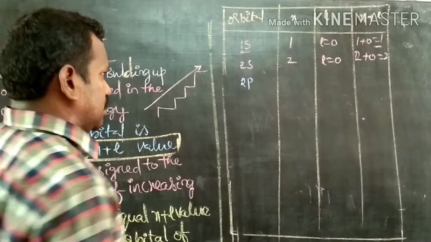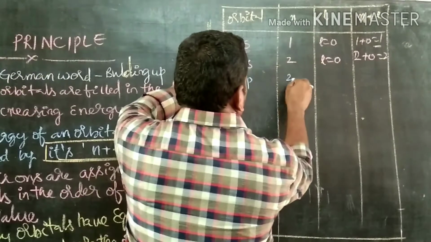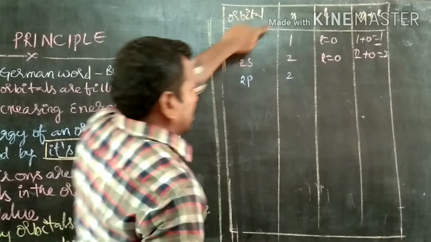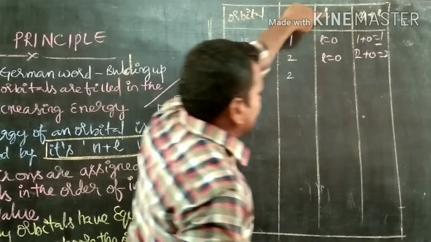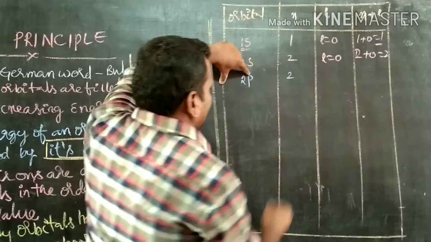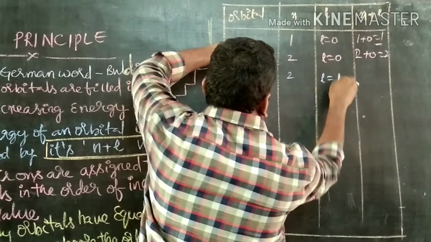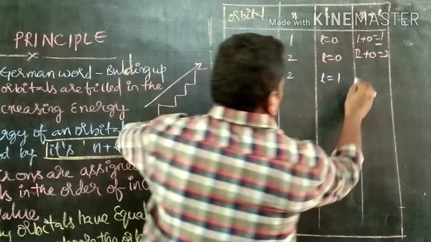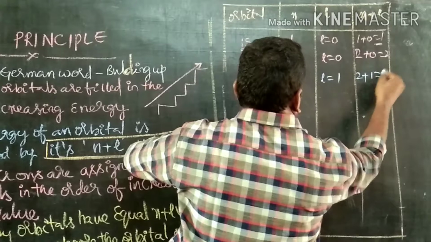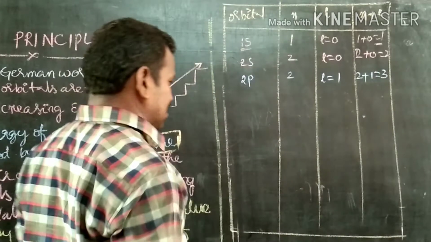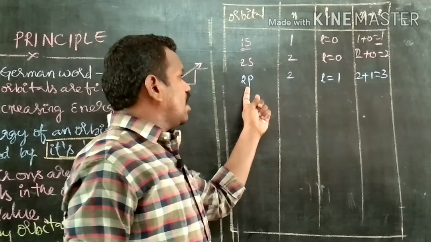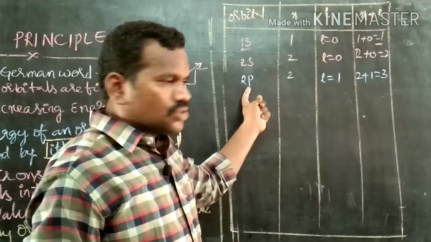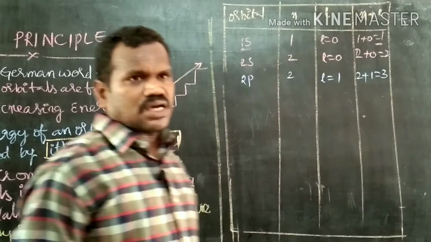Here, principal quantum number n is 2. For sublevel p, l is equal to 1. Now it becomes 2 plus 1, that is equal to 3. That means energy of orbital 2p is 3 quanta.